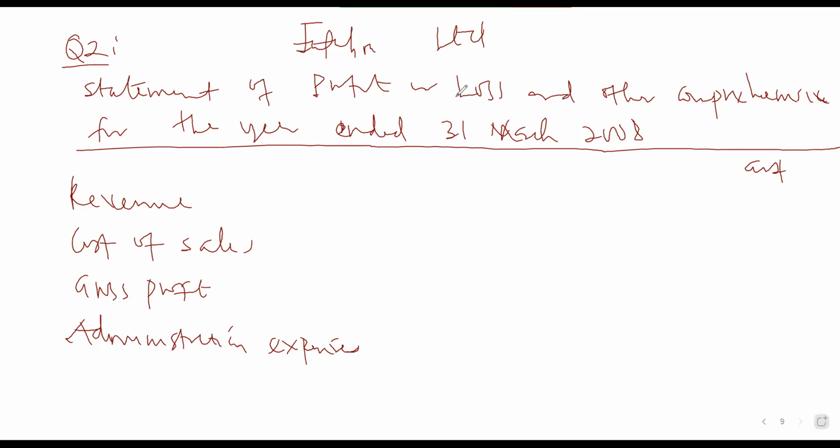So let's see whether we have other income there. So let's add other income. So we have profit before tax. Then we have our tax expense.